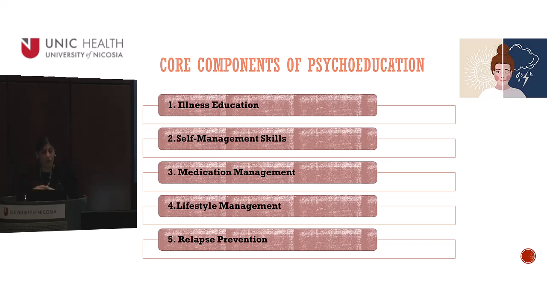Medication management. This parameter involves educating patients about their medication, including their benefits, potential side effects, and the importance of adherence to medication. Such education helps to improve treatment compliance and overall outcomes.